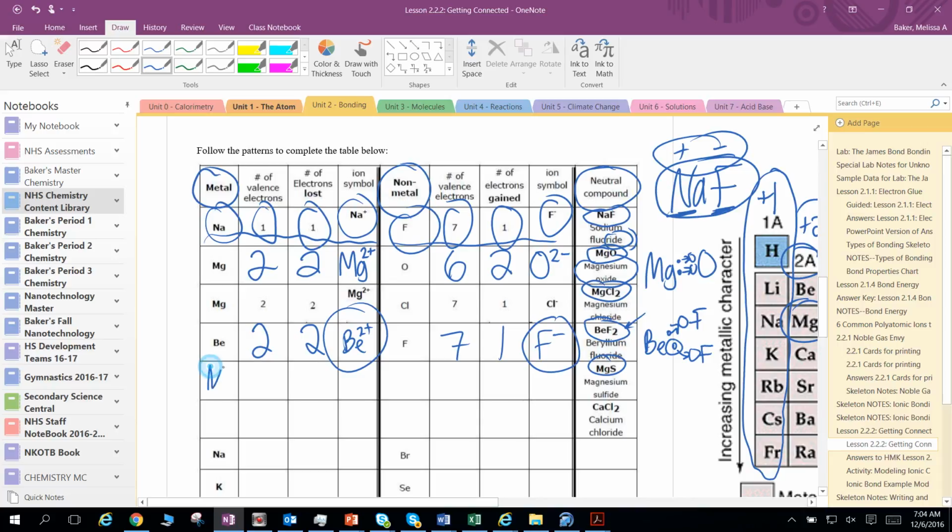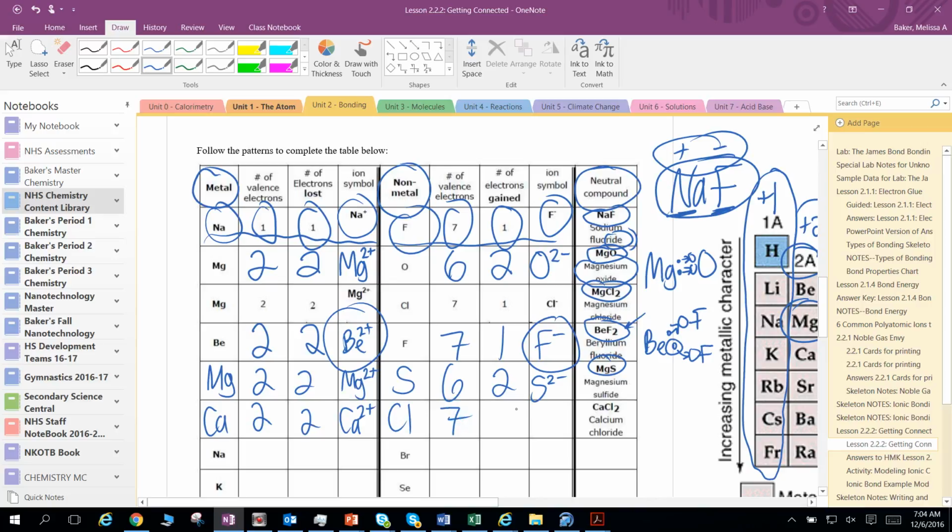Next one wants you to write out Mg and S. Magnesium has 2 valence electrons, so it wants to lose 2, so it can be like neon. Sulfur's got 6. It wants to gain 2 to be like argon, so it forms a -2 charge. Calcium also has 2 valence electrons it would like to lose.